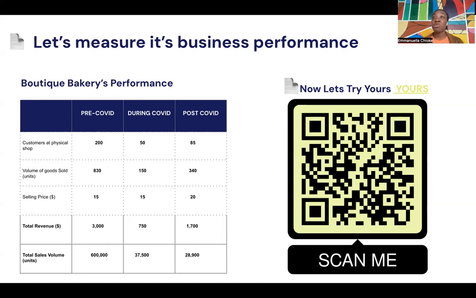You can be as accurate as you can in trying to remember your business performance in the pre-COVID era, during the COVID era, or in the post-COVID era. Or you can just be flexible and freestyle, putting any numbers that you like, just to see how these things affect one another.